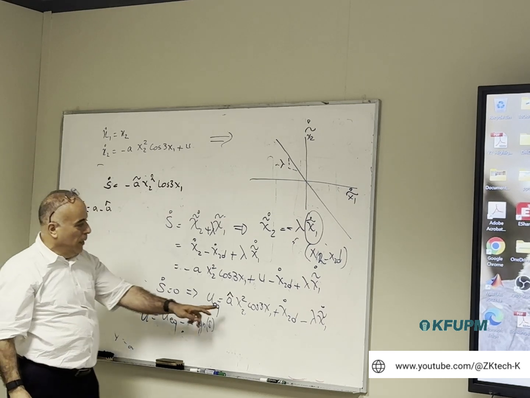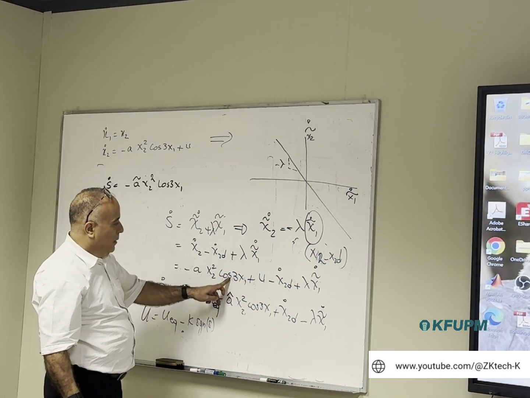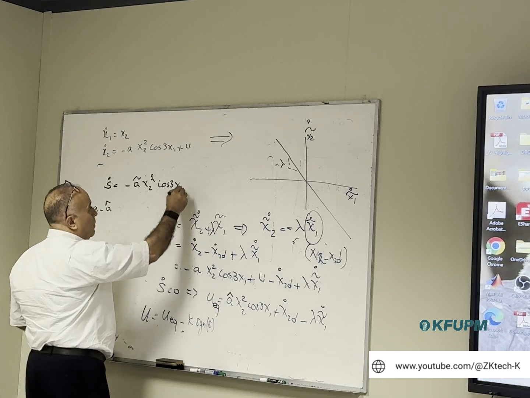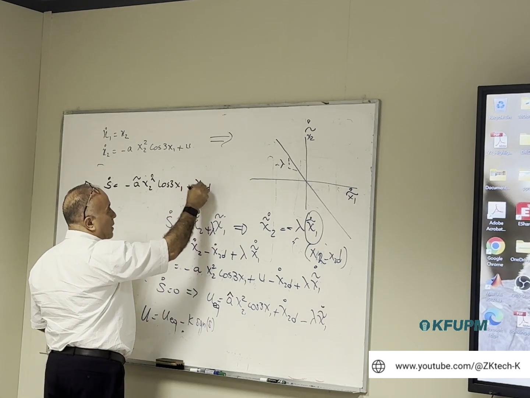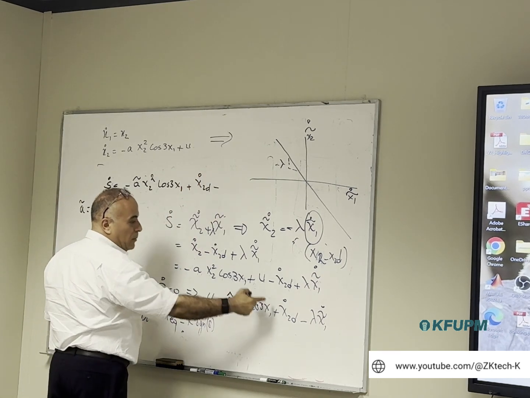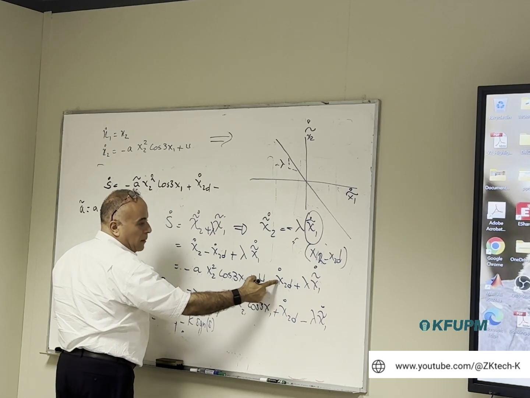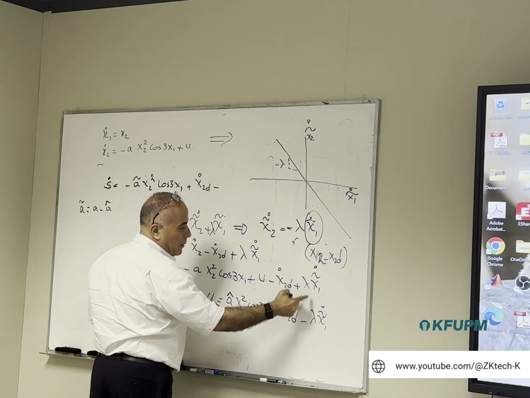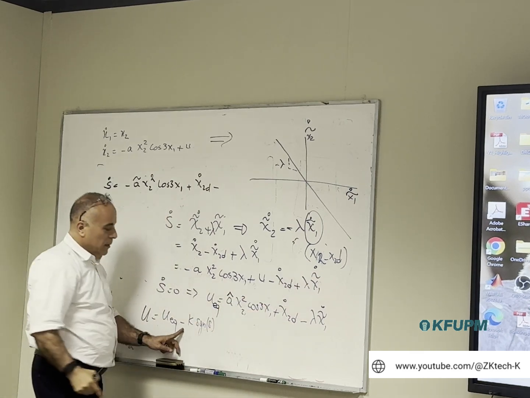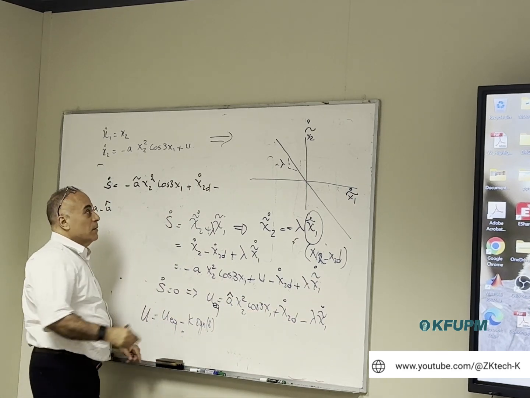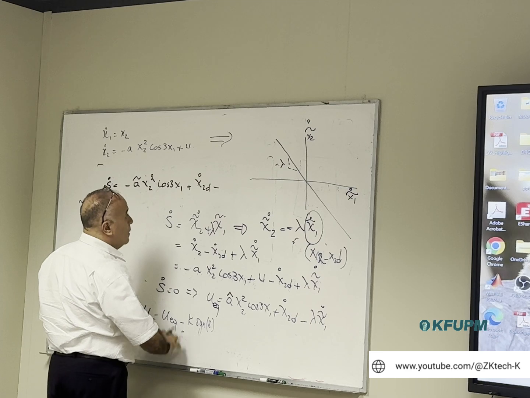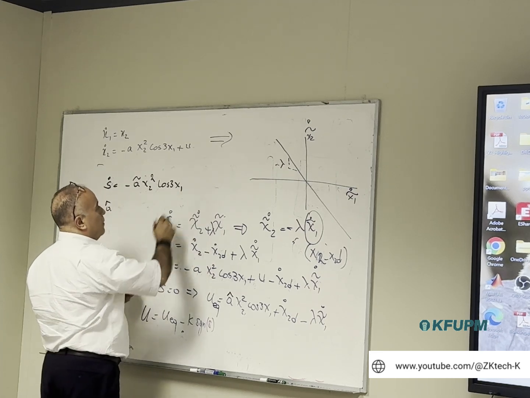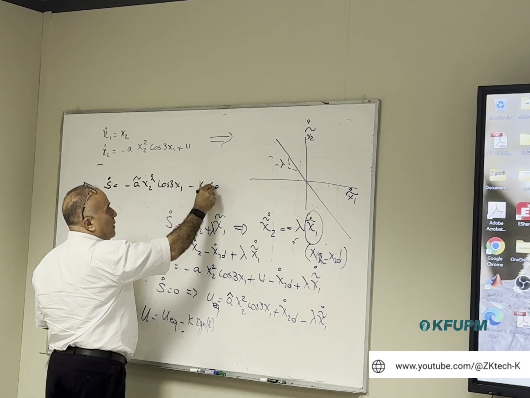This will combine these two terms. Then you will have plus x2 prime minus x2 desired prime, so this will cancel, and this term will stay. So this will be minus k sine of s.